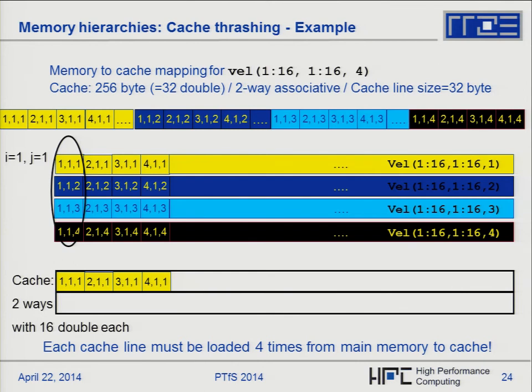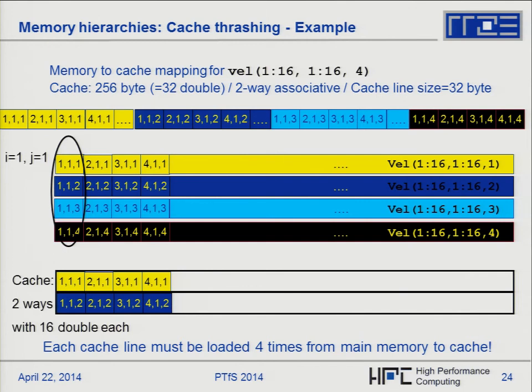This is my cache. It has 2 ways. So each set has 2 elements. And let's say this cache line, the yellow one, goes into the first slot of the first way. OK, then I load 112. I get it here. Very fine. Then I have to load 113. But 113 is a multiple of the cache size apart from 112 and 111. So it maps, of course, to the same set.